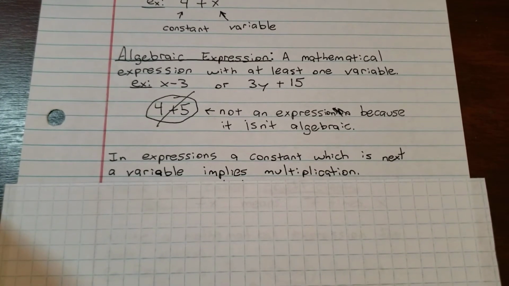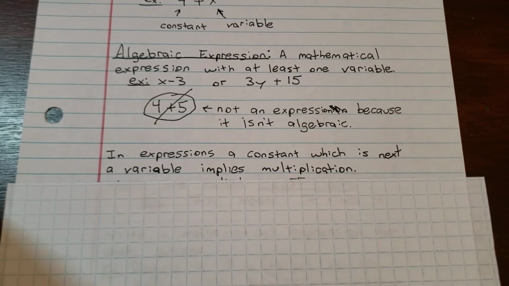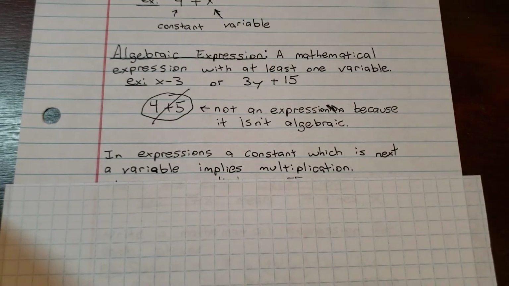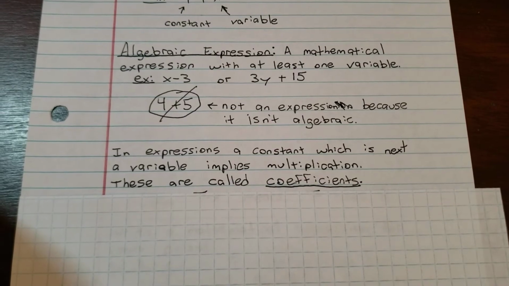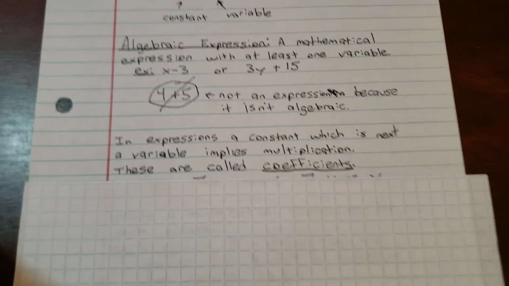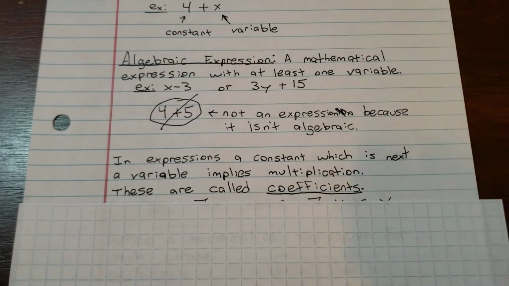Okay. In expressions, a constant which is next to a variable implies multiplication. Boom, that's what I'm talking about right here. These guys are called coefficients. You've heard me talk about coefficients before, so this is a coefficient here.